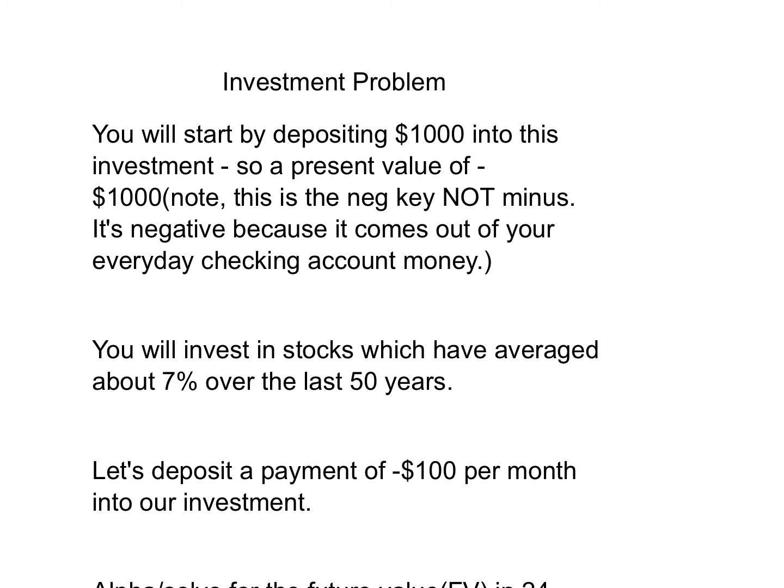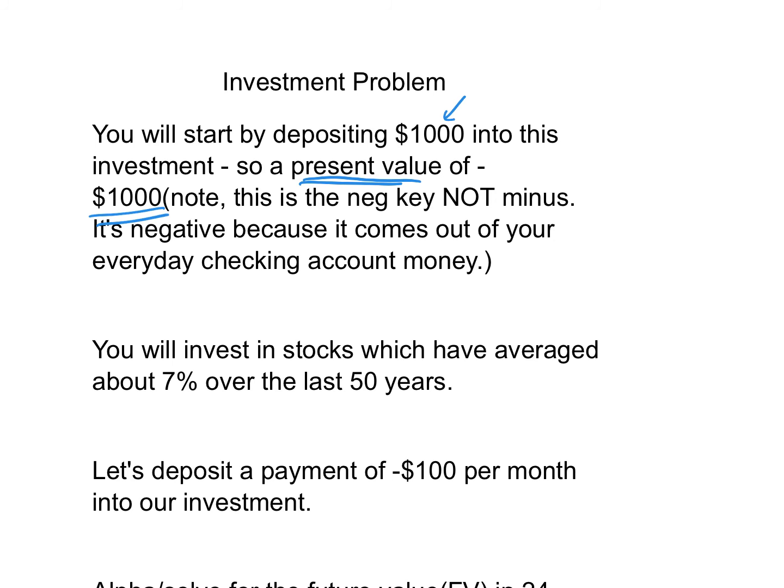So now we're going to change to an investment. And an investment, it's the same exact app. So instead of having our present value be some big amount of money that we're borrowing, we're going to start with a present value of $1,000.